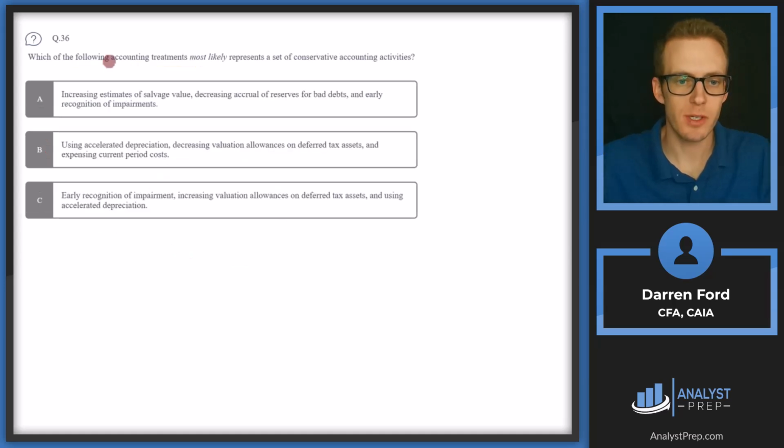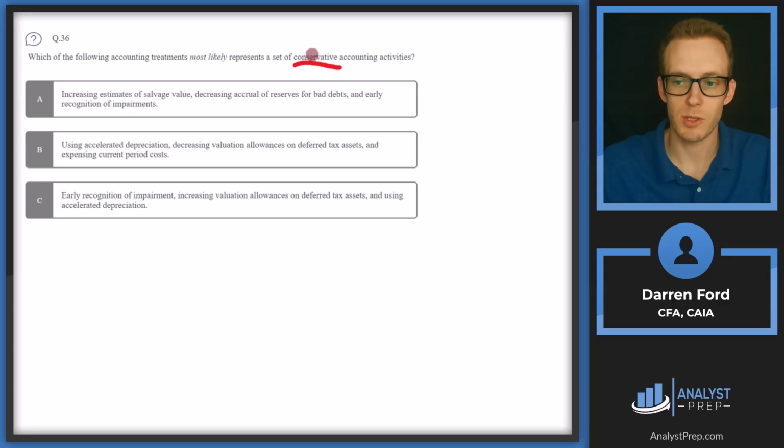Answer B. Question 36. Which of the following accounting treatments most likely represents a set of conservative accounting activities? Conservative in this context is basically kind of less risky, which leads to being more likely to understate financial performance.